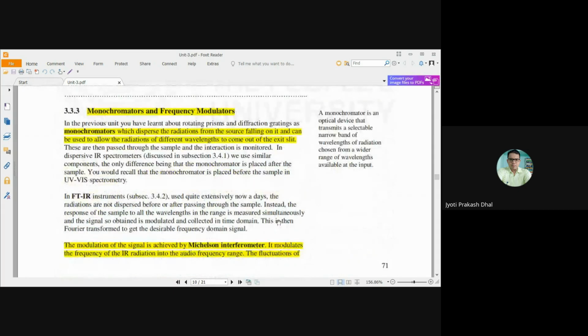Now coming to monochromators or frequency modulators. Monochromators disperse the radiation from the source falling on them, and can be used to allow radiation of different wavelengths to come out of the exit slit.